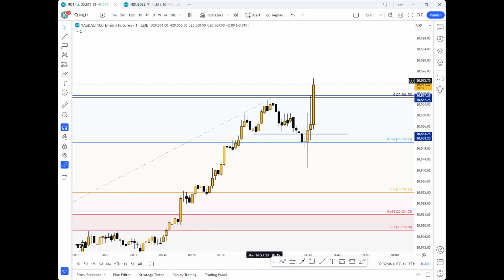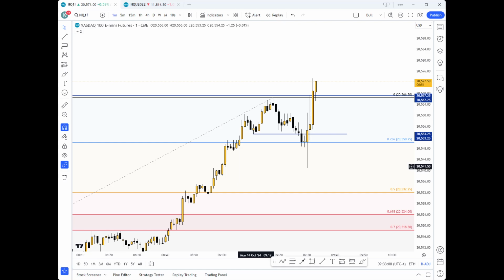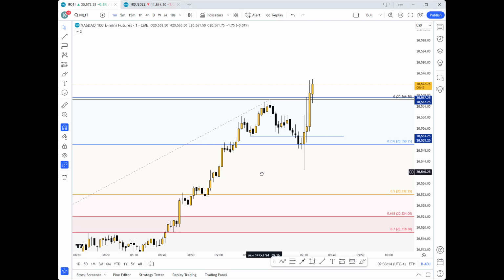It could come down, but I think that wick failure was good. Not wild about taking trades in the first 3 minutes of the day, but that was a pretty quality failure. Should it have done it? And now we see what we get.